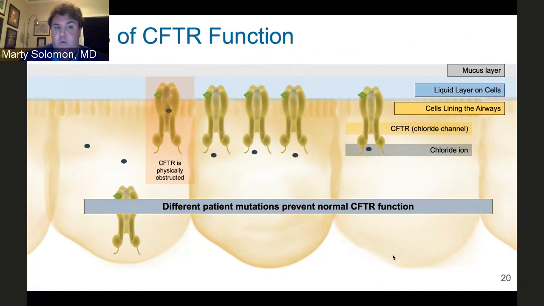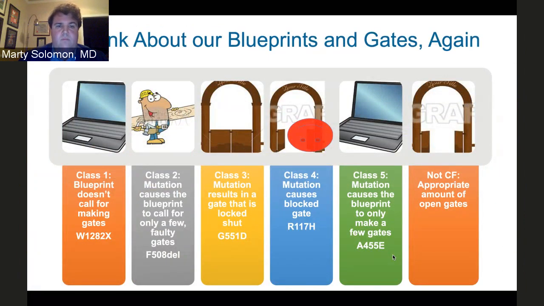Where the CFTR protein, the gate, is physically obstructed. You'll keep clicking, please. Where the CFTR itself cannot open properly. And you'll keep clicking. So in this circumstance, we can see that different patient mutations prevent normal CFTR function in various ways.